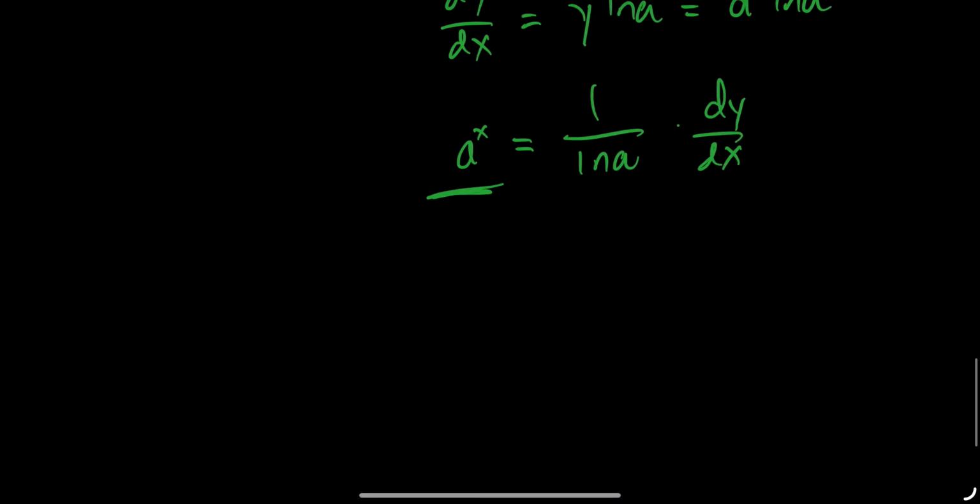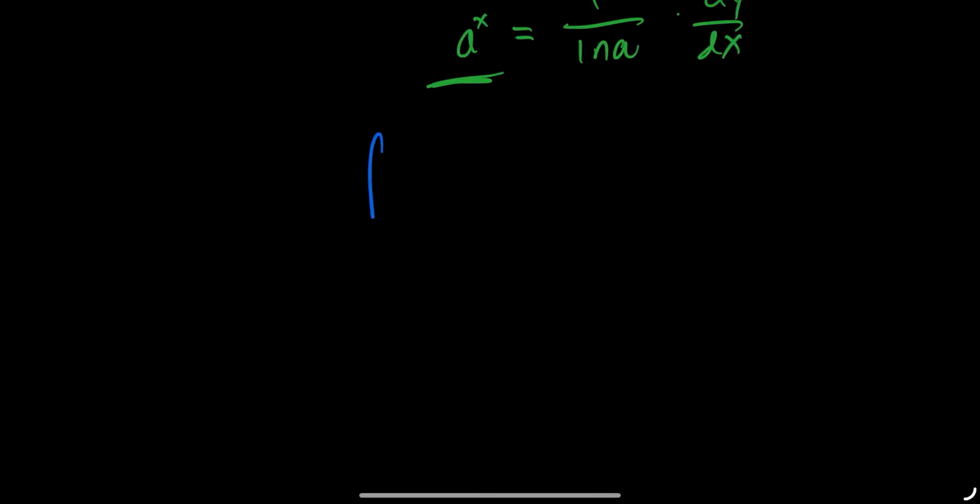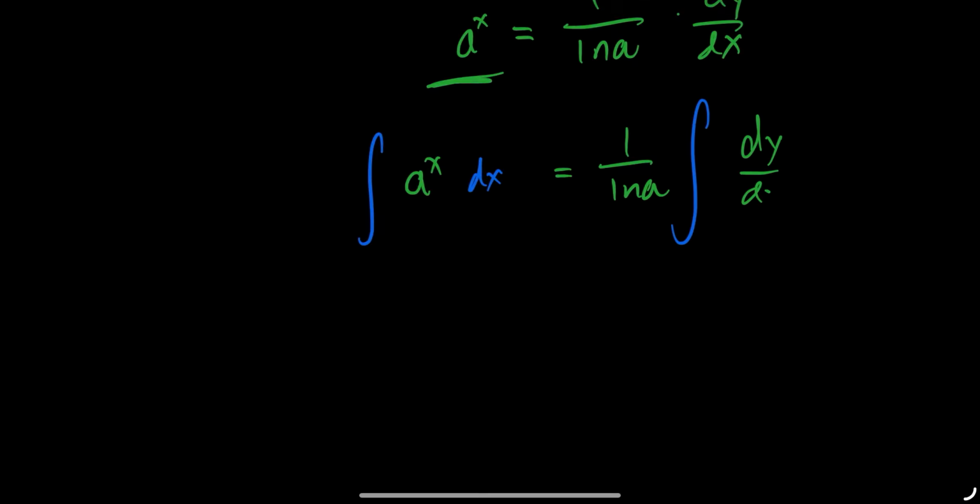Now if we integrate both sides, the integral of a^x dx, we get 1 over ln a, since we can factor it out, times the integral of dy. So this just becomes our formula.